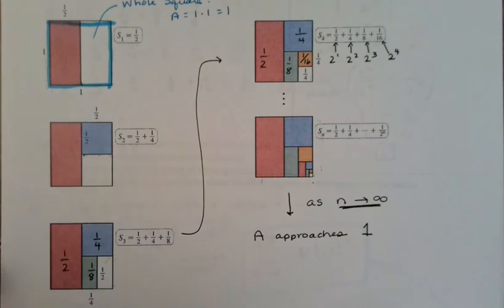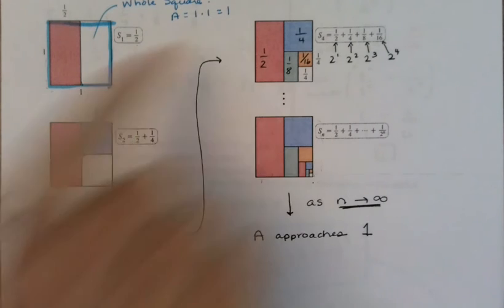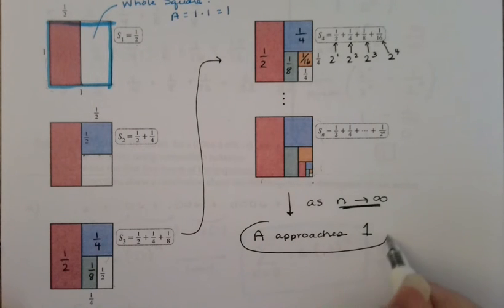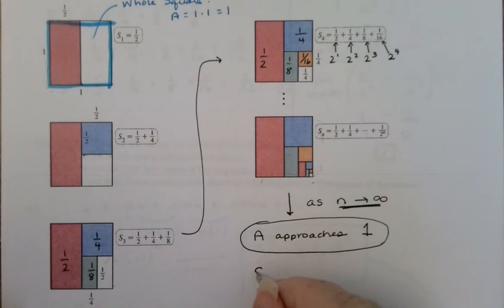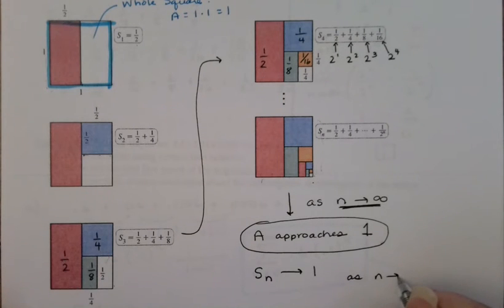So, since the original area of the whole square was 1, this area is approaching 1, and that means that this sum approaches 1 as well. So visually, there's an example of a sum of infinitely many terms that still has a finite sum limit.